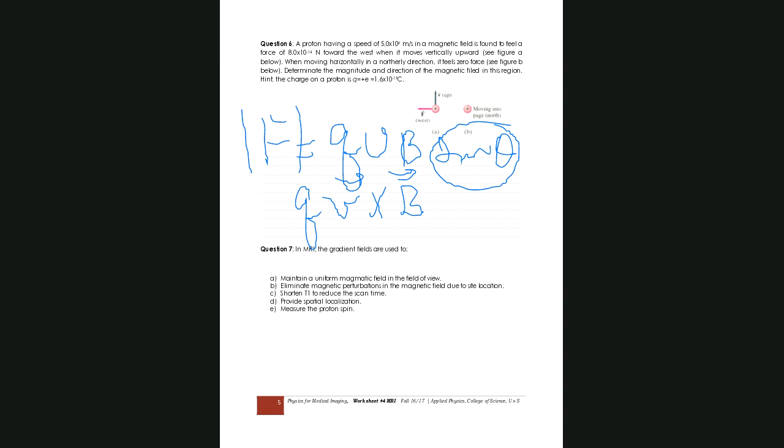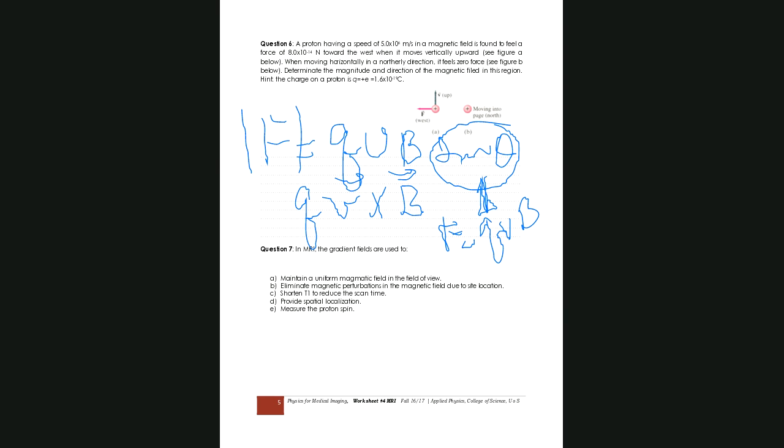He told you that the angle between them is 90, and then sine will be equal to 1, and then the force will be F is equal to QVB. If you're given F, V and Q, you can find the magnitude of B.